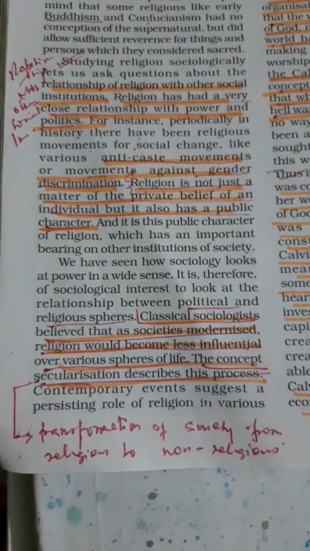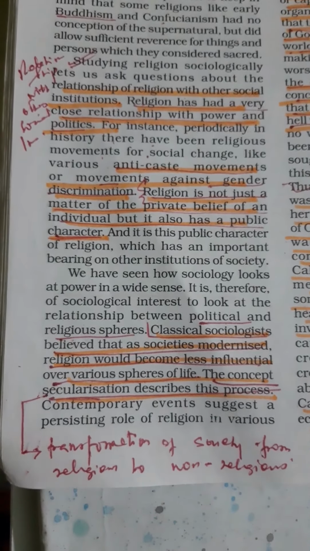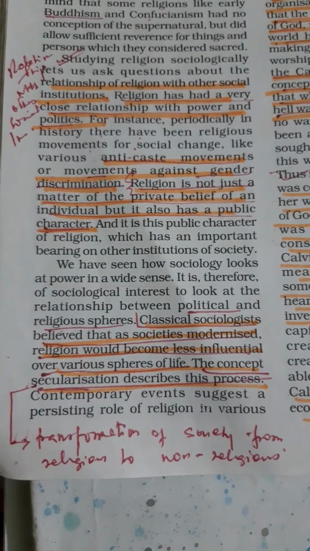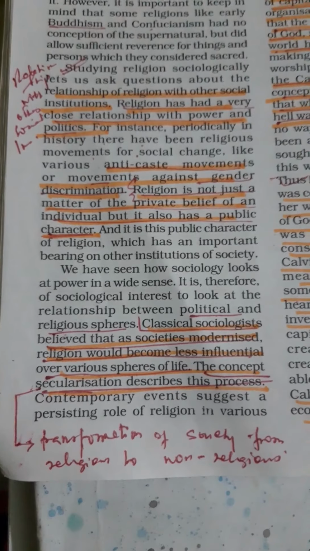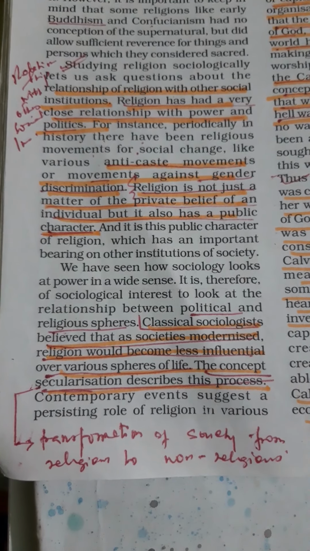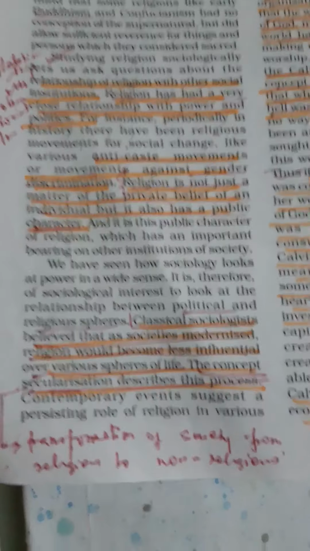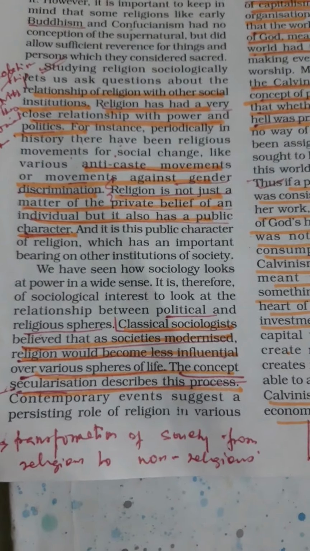Classical sociologists believed that as societies modernized, religion would become less influential over various spheres of life. The concept of secularization describes this process. Classical sociologists say that when society moves from a traditional to a modern setting, the importance or the impact of religion will fade away.